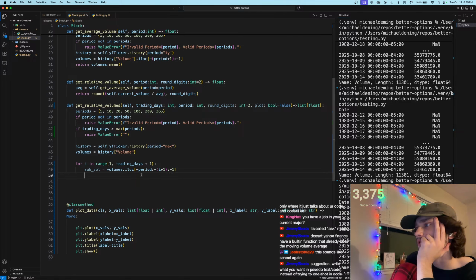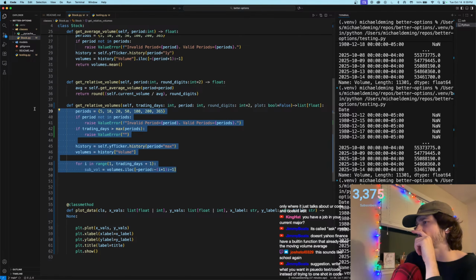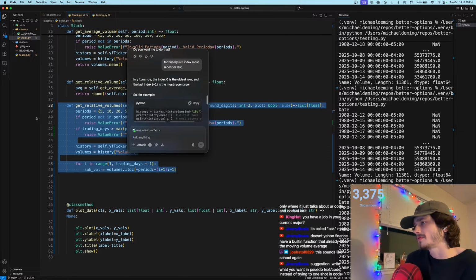Right, we want to go to the number of sub-volume, and that's a data frame. And then we want to take the volume average of that, and then the most negative one in this list, right? So let's just take this. Let's say I'm going to get some more info here.